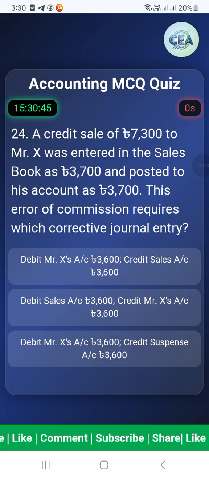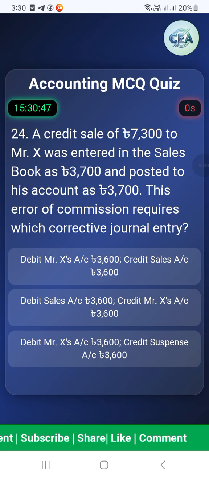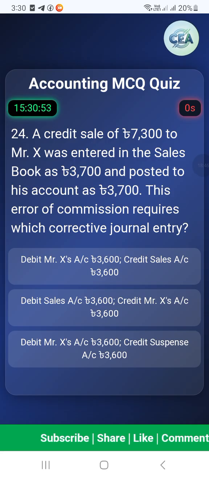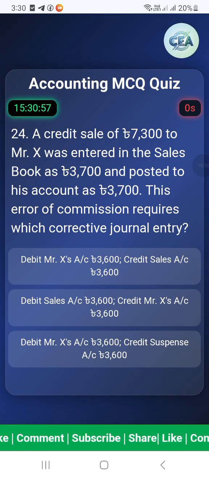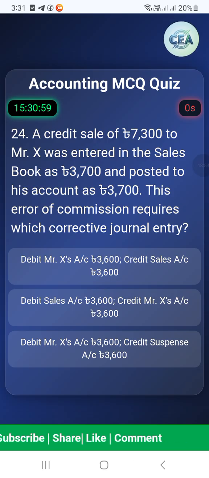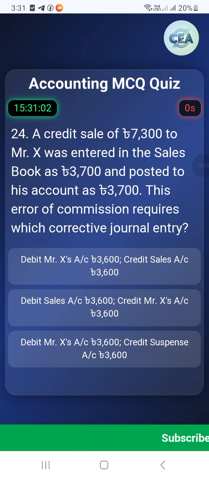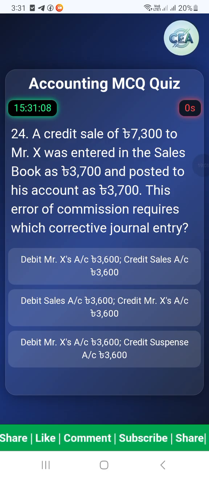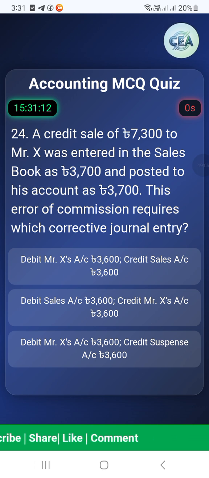24. A credit sale of 7,300 takas to Mr. X was entered in the sales book as 3,700 takas and posted to his account as 3,700 takas. This error of commission requires which corrective journal entry? Option 1. Debit Mr. X's AC 3,600 takas, credit sales AC 3,600 takas.